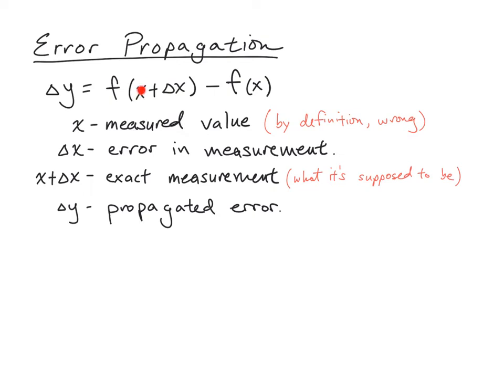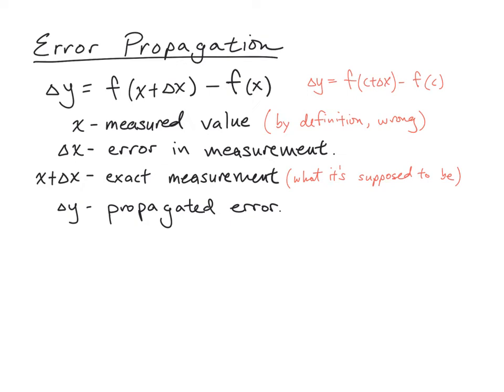For whatever x value we pick, call it c, this equation would become delta y equals f of c plus delta x minus f of c.